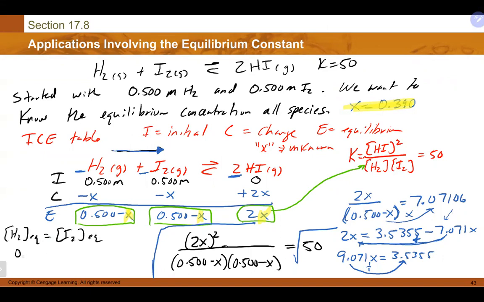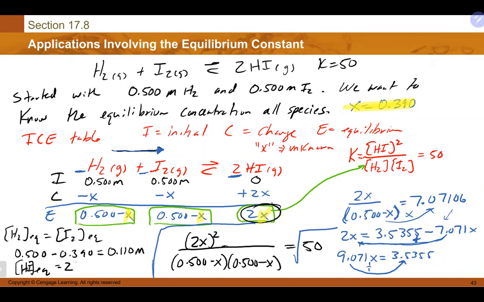And that would be 0.5 minus 0.390, which gives us 0.110. Now for our HI at equilibrium, it is 2x.